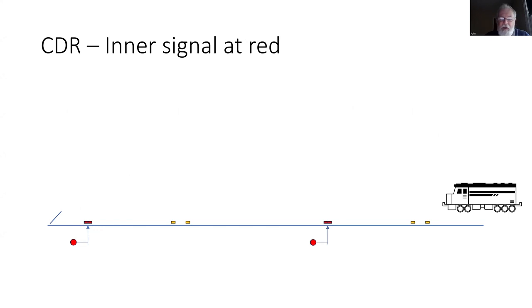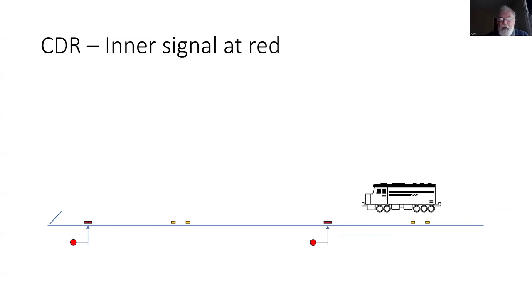So if we have a look at CDR, we have got two signals, the inner signal on the left, protecting the junction, the outer signal on the right, and both signals are red. So we've got the TSS indicated in red loops at the two signals energized, and we've got the OSS indicated in orange on the approach to each signal energized. As our train proceeds, it passes over the outer signal OSS, and providing it's going slow enough, no reaction will occur.